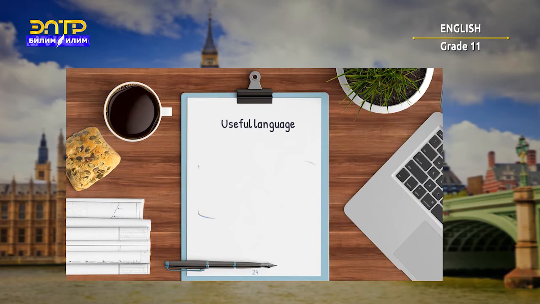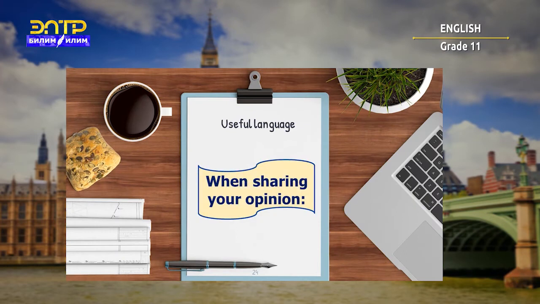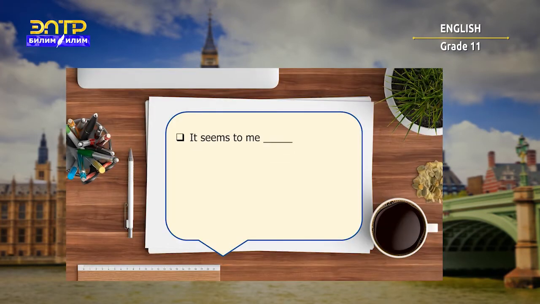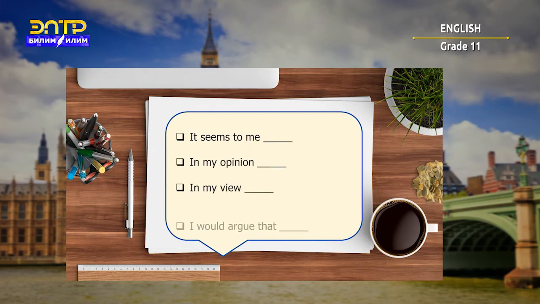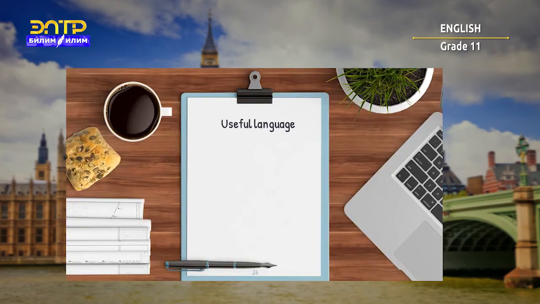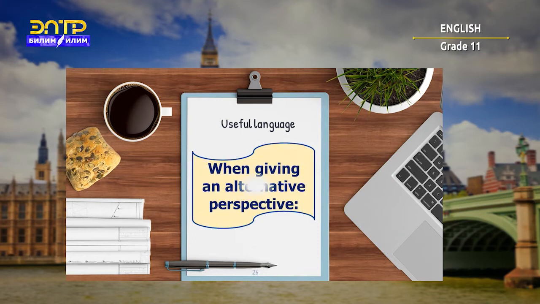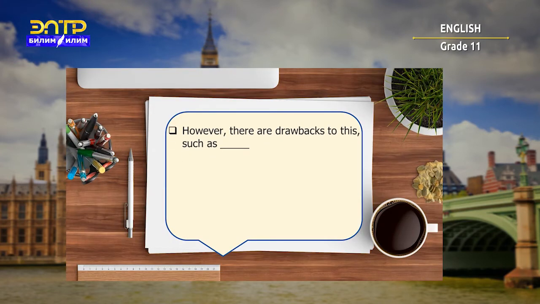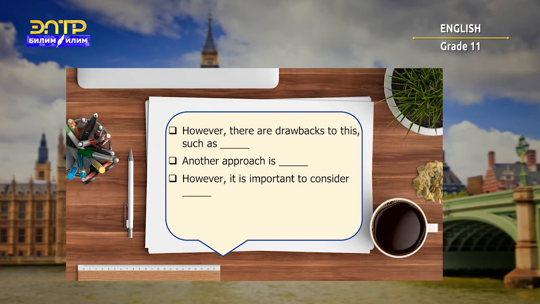And when sharing your opinion: it seems to me, in my opinion, in my view, I would argue that. When you give an alternative perspective: however, there are some drawbacks to this, such as, another approach is, however, it's important to consider, having said that, in spite of this.